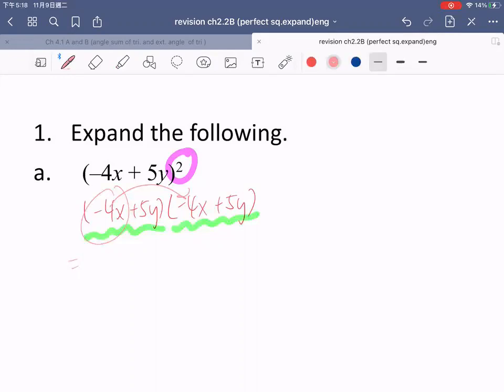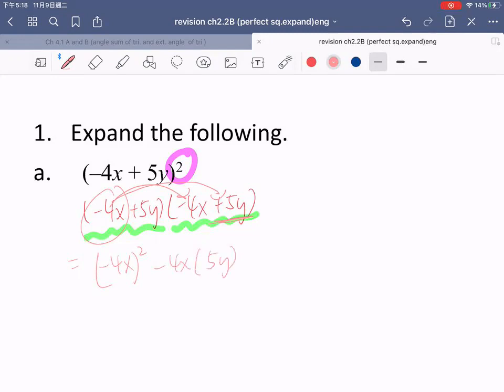Okay, so after we have this, we can just do what we have done before. Minus 4x times minus 4x gives you minus 4x bracket squared, right? Then minus 4x times this one also, which is minus 4x times 5y.